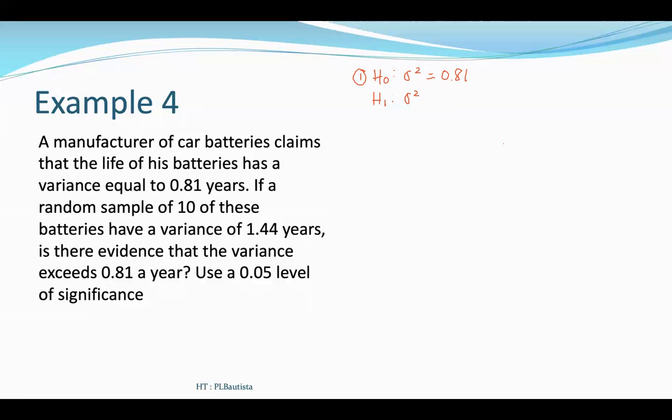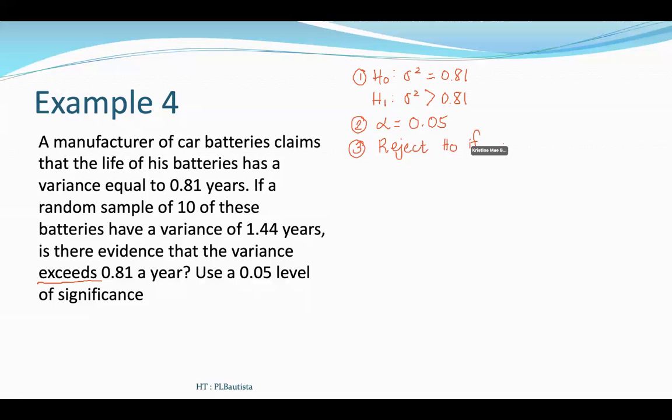So the keyword is exceeds, meaning we are going to use an upper tail test. So the alternative is that sigma squared is greater than 0.81. For step 2, alpha is equal to 0.05.